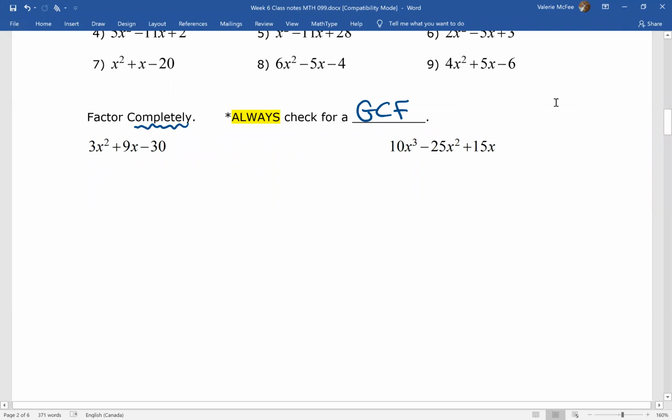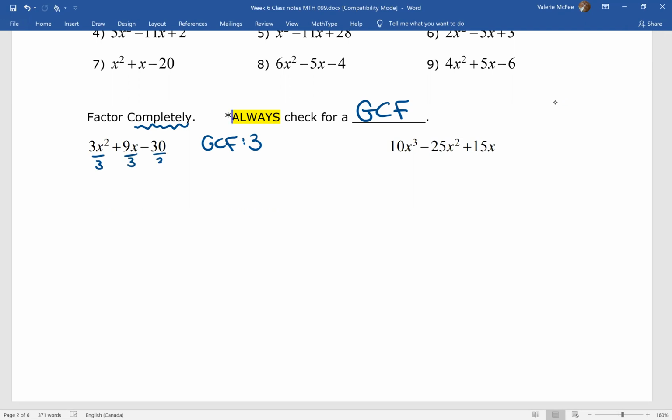So if we look at the first example here, we see there's a greatest common factor of 3. Remember, that means we divide each term by 3. Divide each term by 3.